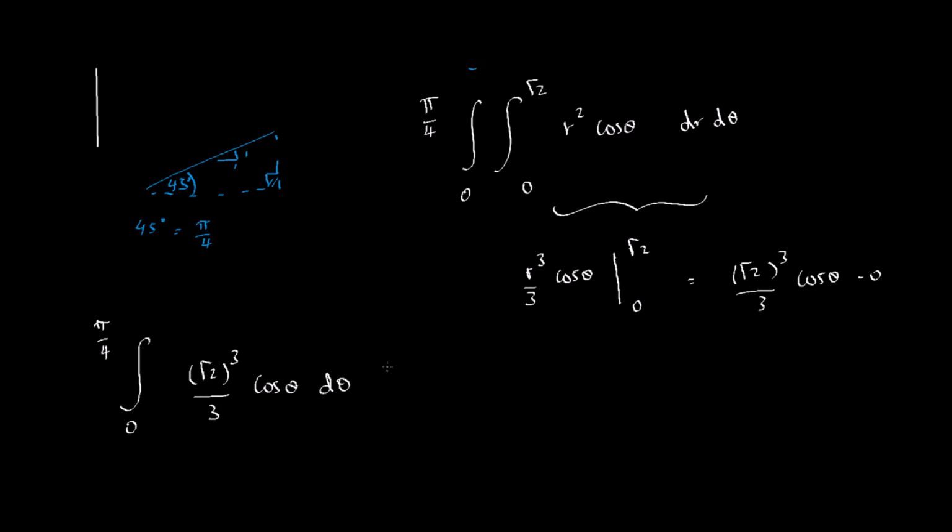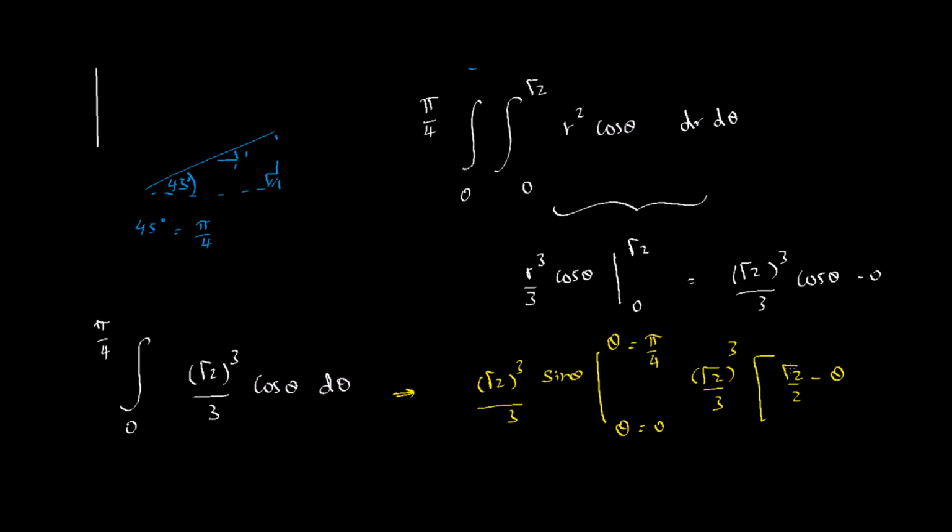So this is just a constant, and if we integrate cosine theta with respect to theta, we get sine theta. And we have root 2 to the power of 3 divided by 3, and evaluate this at theta equals 0 and at theta equal to pi over 4. So if we take this as a common factor, sine pi over 4 is root 2 over 2 minus sine 0, which is equal to 0.